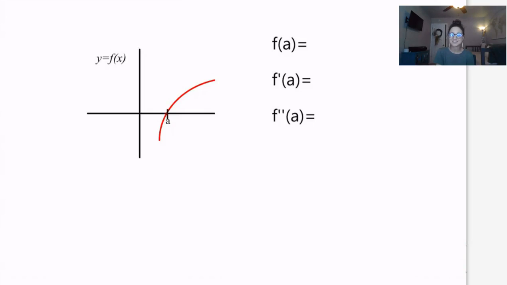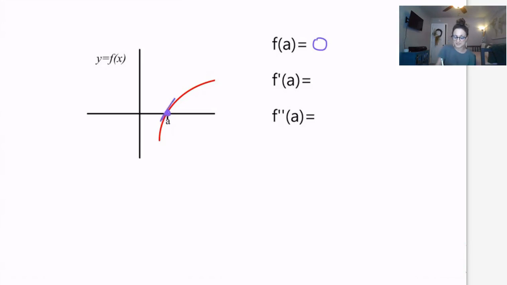Okay, so last review aspect before we get into the lesson. I've got this graph of y equals f of x here, and I would like for you to tell me whether f of a, f prime of a, and f double prime of a are all 0, positive, or negative, okay? So for f of a, what do you say, 0, positive, or negative? Yeah, f of a, that's the graph, the y value there is 0, right? Okay, what about f prime, 0, positive, or negative?